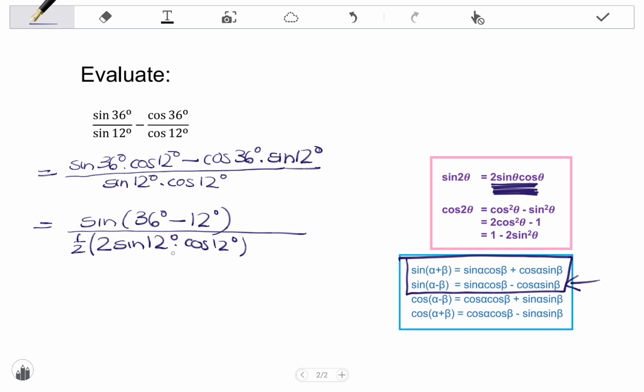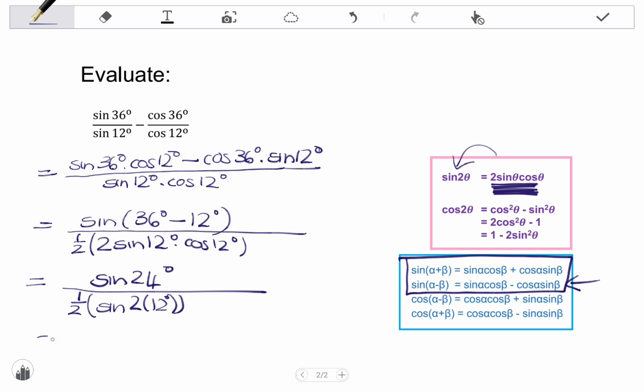But now what I have in the brackets is the expanded form of the sine double angle. So in the numerator, it simplifies to sine 36 minus 12, which is 24 degrees. The denominator simplifies to a half, and then the double angle there contracts to sine 2 times the angle.